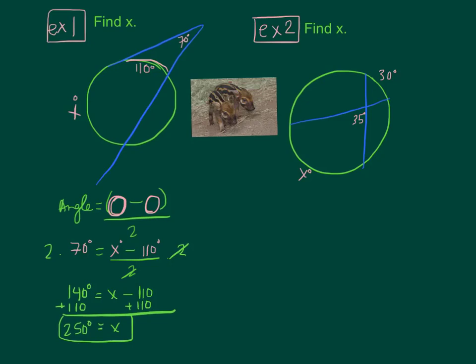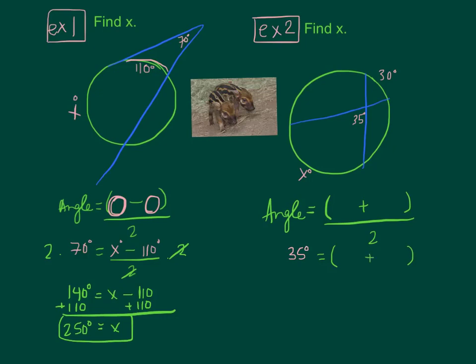That means now for example 2, they've given me a circle, and they've given me 2 lines like this, and I notice that there's an angle they've given me that's inside the circle, but it's not on the center. That means that I know this relationship. In this case, the angle is the 2 arcs added together divided by 2. So let's see what we have here. My angle is 35 degrees, and my 2 arcs are 30 degrees and x degrees.